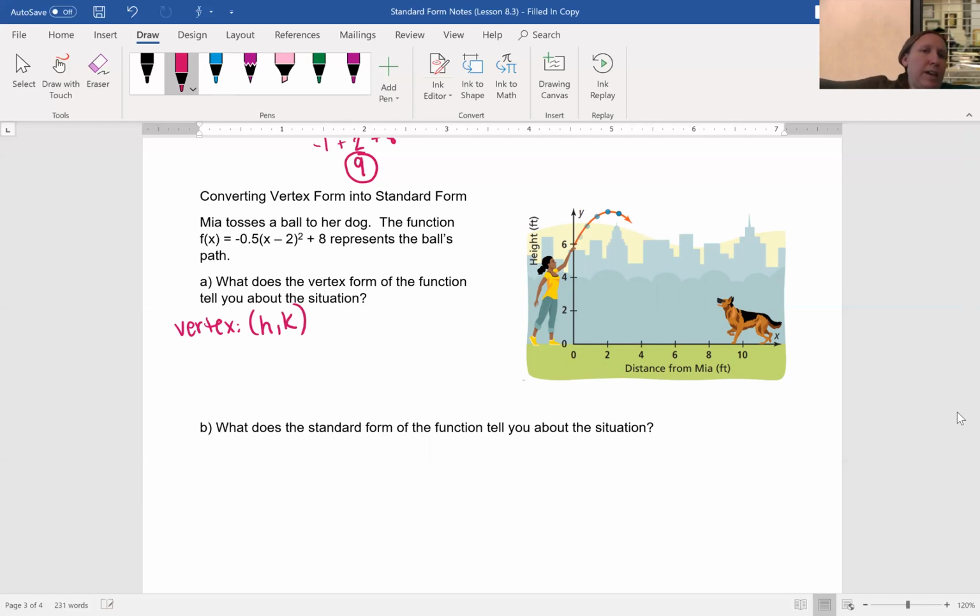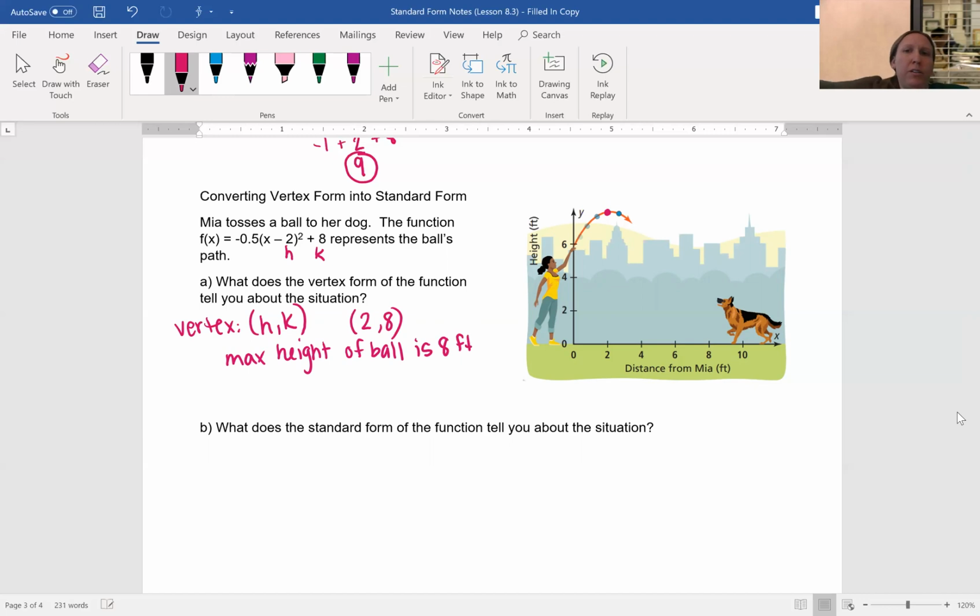And in this case, the h is 2 and our k is 8. So our vertex is (2, 8), which would be that point right there. And what that tells us is that the maximum height of the ball is 8 feet.